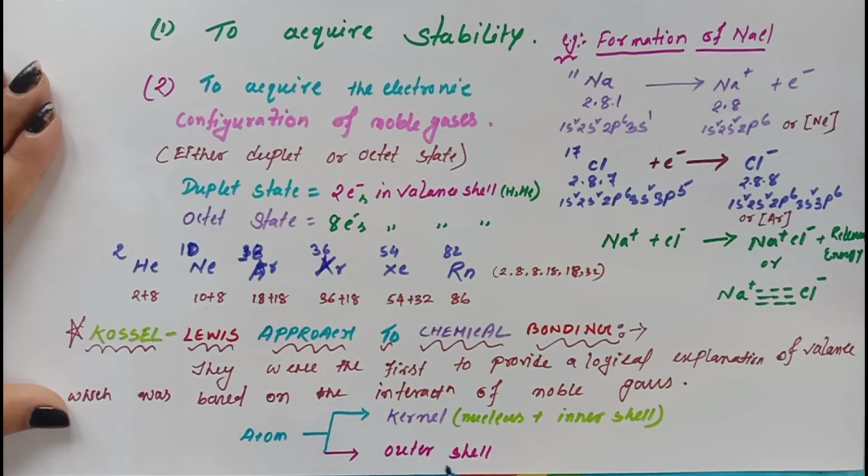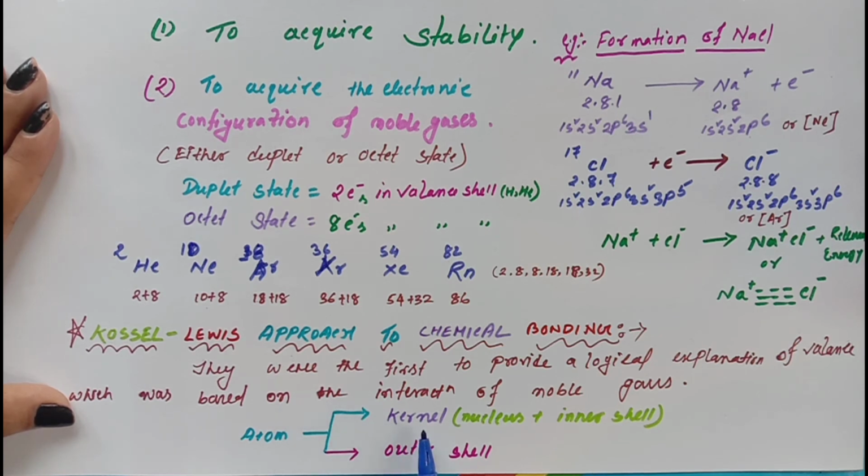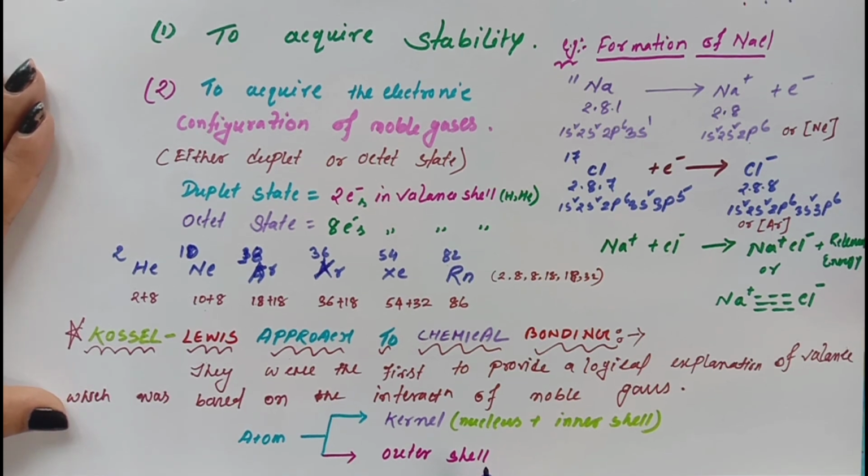According to Kossel and Lewis, atoms have two parts. The first one is known as the kernel. Kernel means the nucleus plus the inner shells, and the other part is the outer shell, and this outer shell will participate in bonding.